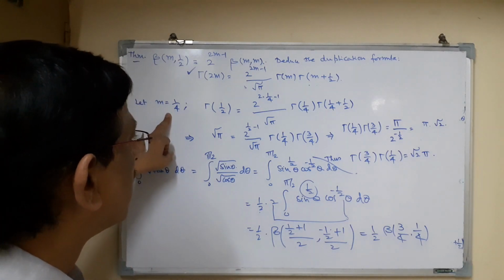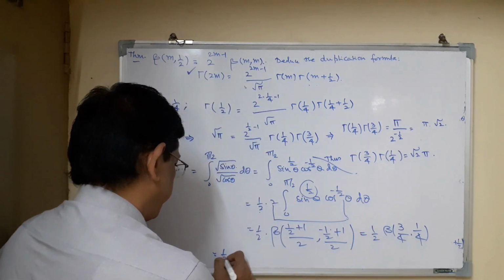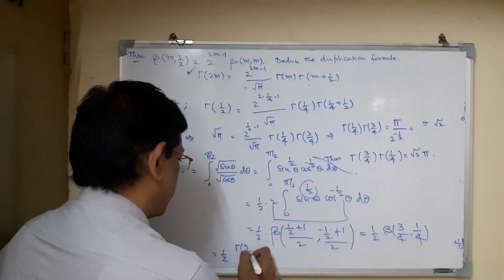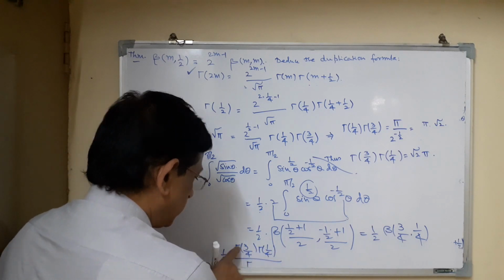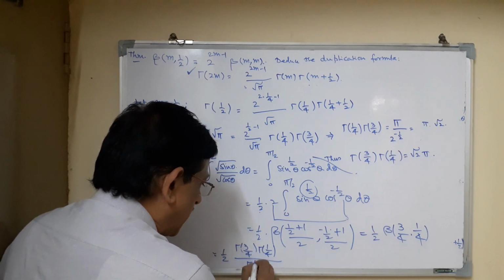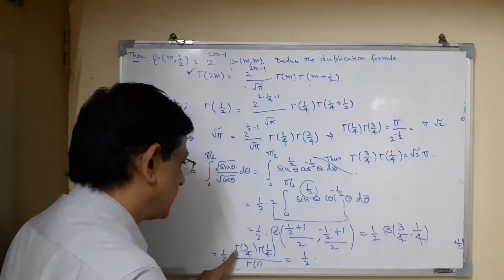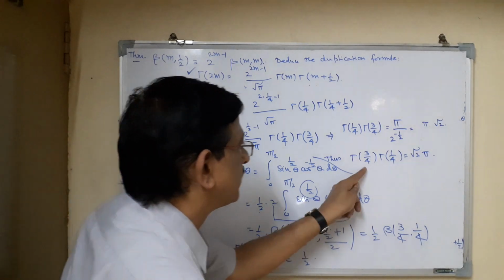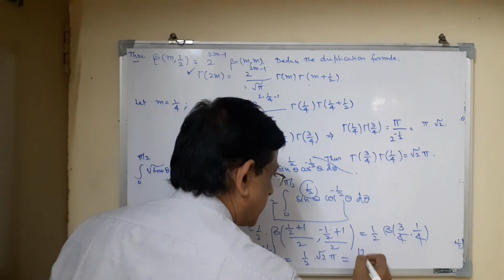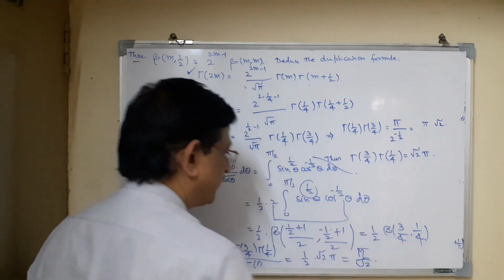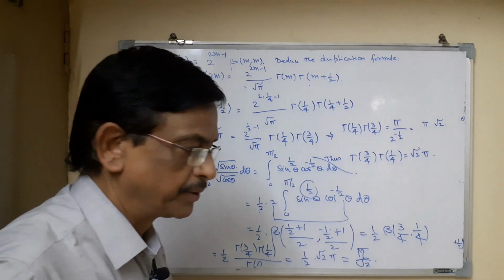When m equal to 1 by 4, this is 1 by 2 gamma 3 by 4 gamma 1 by 4 by gamma of 3 by 4 plus 1 by 4, which is 4 by 4, gamma of 1 is 1. So this is equal to 1 by 2 times gamma 3 by 4 into gamma 1 by 4, which is root 2 pi. If I cancel this, I'll get pi by root 2. So integral 0 to pi by 2 root tan theta d theta is pi by root 2.